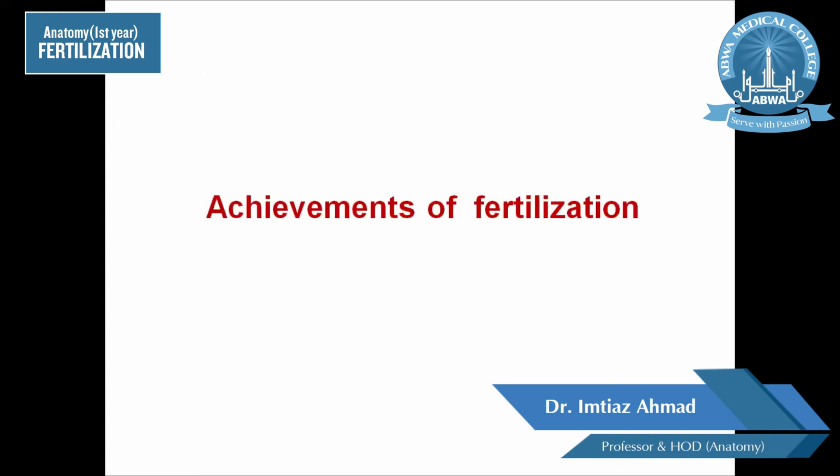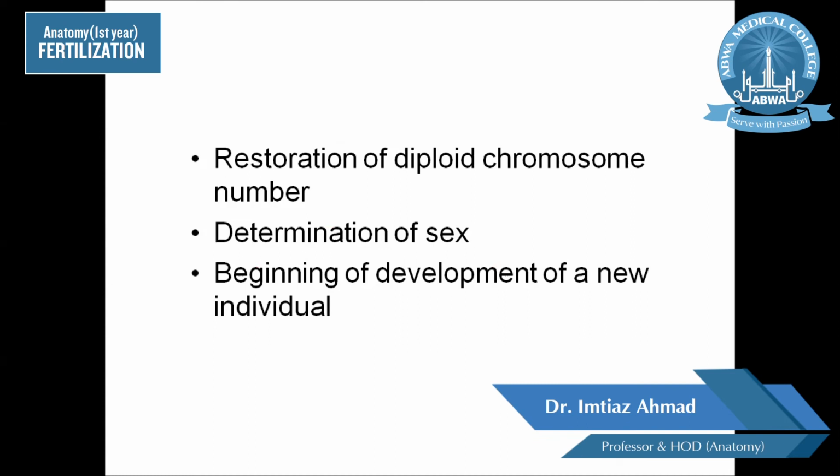So what do we achieve after fertilization? What are the achievements? Restoration of the diploid chromosome number, so the 46 chromosome number is achieved. Determination of the sex, male or female. Beginning of development of a new individual.